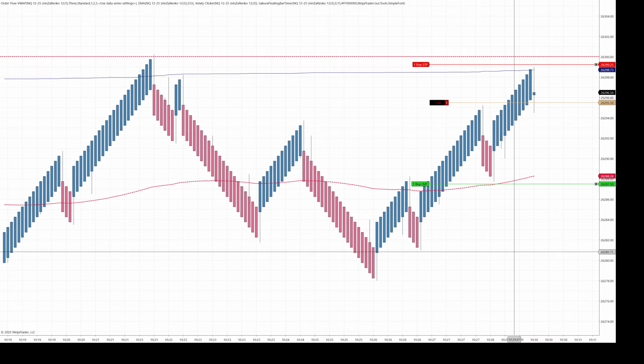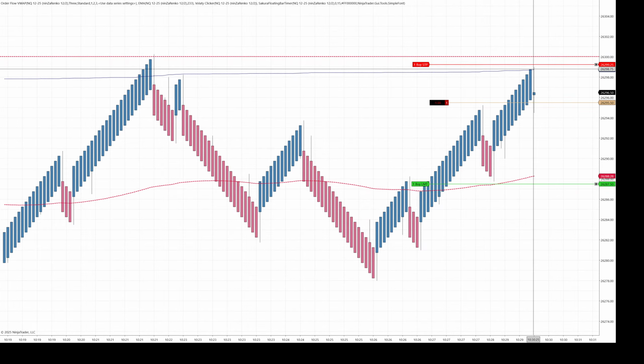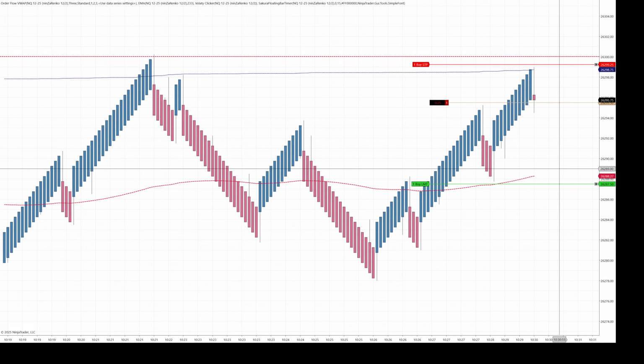Not sure I like it that much, because we didn't actually test 300, but we did test the standard deviation level here.